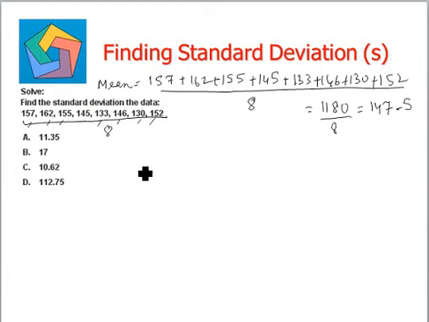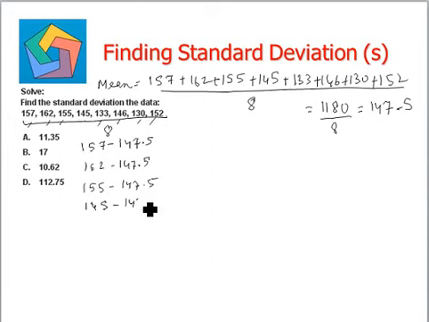Now we'll calculate the difference and then square it up. So we have 157 minus 147.5. Let's write down all of them first. 162 minus 147.5. Then we have 155 minus 147.5. We are taking one by one from the sample data and subtracting it from the mean calculated.